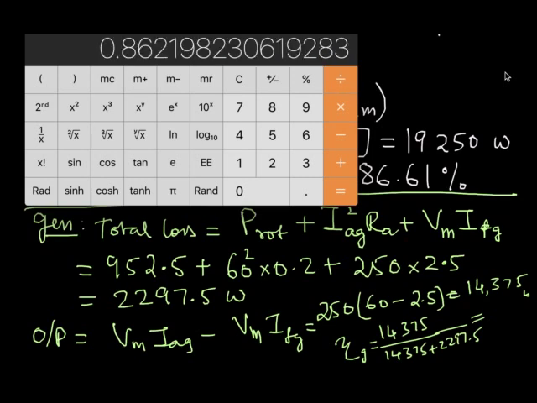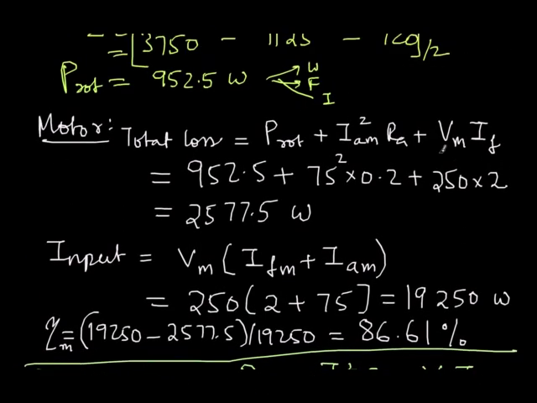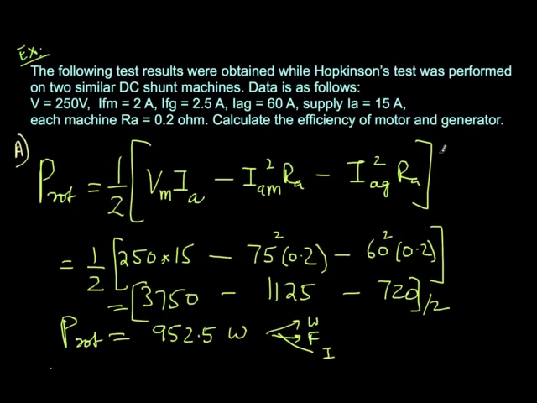So I'm getting 86.22%. This way we are able to get the efficiencies of both the motor and generator for this problem. I hope you learned something by solving this particular example problem.